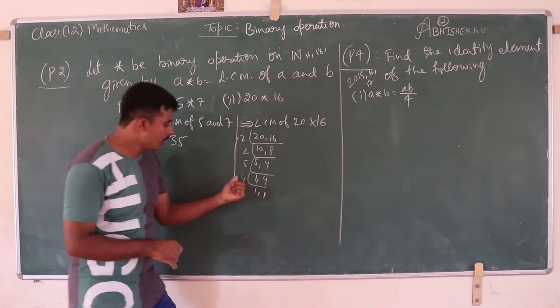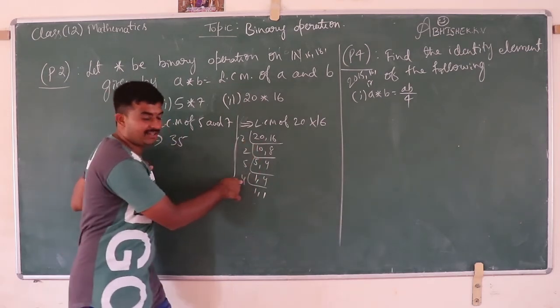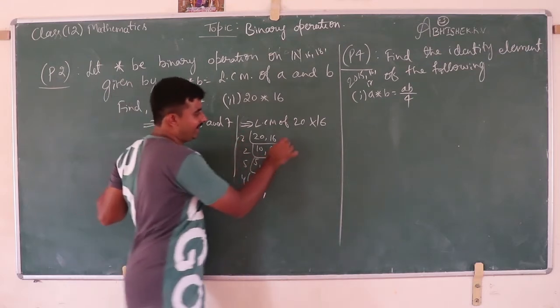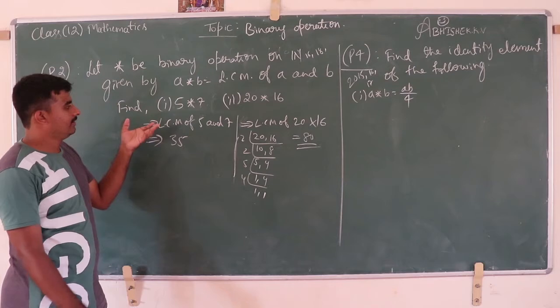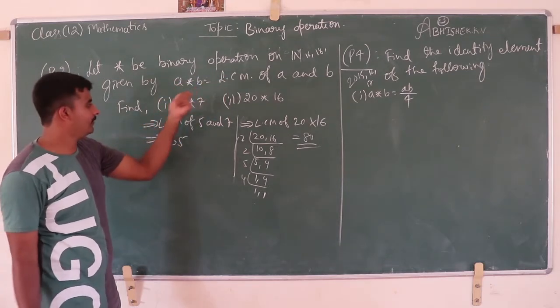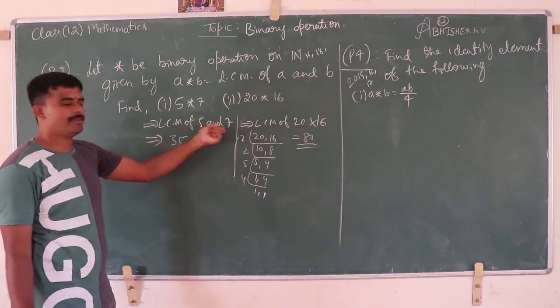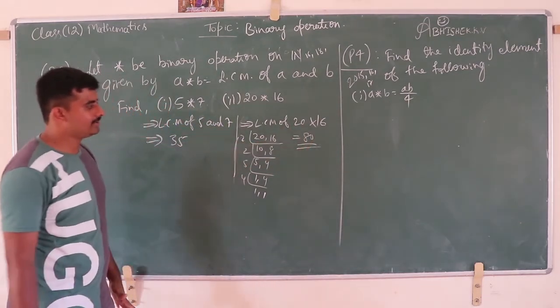So 5 fours are 20, 2 twos are 40, 2 fours are 80. LCM of 20 and 16 is 80. If the examiner asks, a star b is equal to LCM of a and b, what is 5 star 7? LCM of 5 and 7, that is 35. LCM of 20 and 16 is 80.